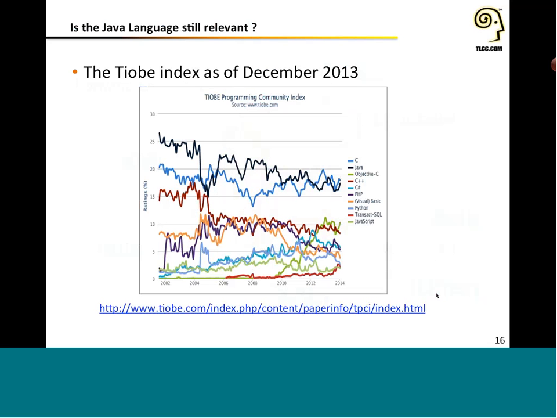Another question I get asked a lot is, should I even bother learning Java? Is that going to be a good investment of my time? The TIOBE index is one of the things out there that is a pulse, if you will, of the development going on in the languages being used. Just recently, in 2014, C went back up on top.